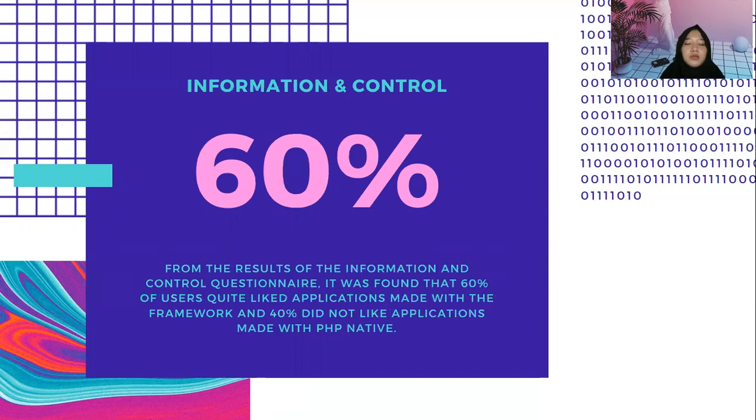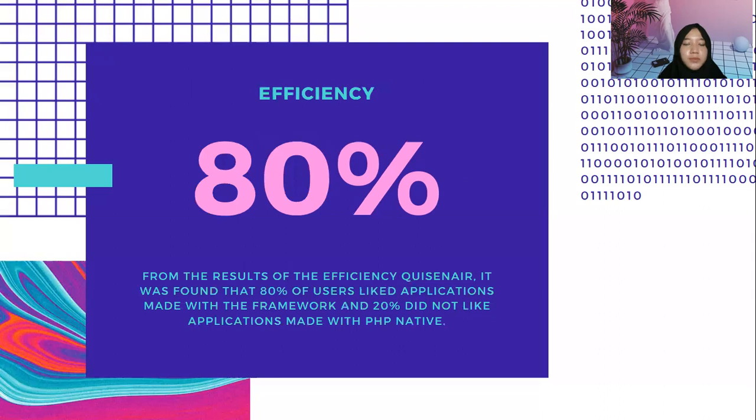Information and control: from the result of the information and control questionnaire, it was found that 60% of users like the application with the framework, and 40% didn't like the application made with PHP. From the result of the efficiency questionnaire, it was found that 80% of users like the application made with the framework, and 20% didn't like the application made with PHP.